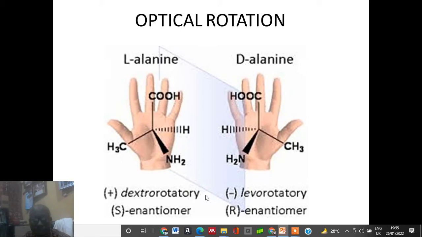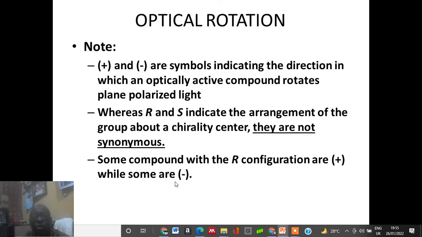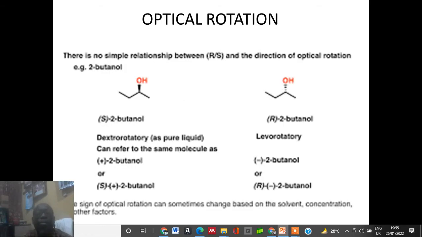A compound may have the R configuration and be dextrorotatory. Some compounds with the R configuration are dextro, while some are levo. There is no relationship between R/S and the direction of optical rotation.